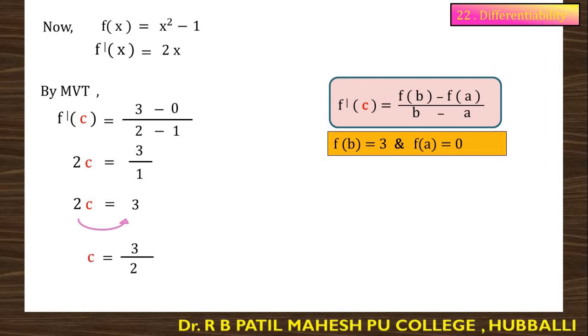And this number belongs to the open interval (1, 2) because 3 by 2 is nothing but 1.5, which belongs to the open interval (1, 2). That means the given function satisfies the mean value theorem. That means we get a point in the open interval (1, 2).